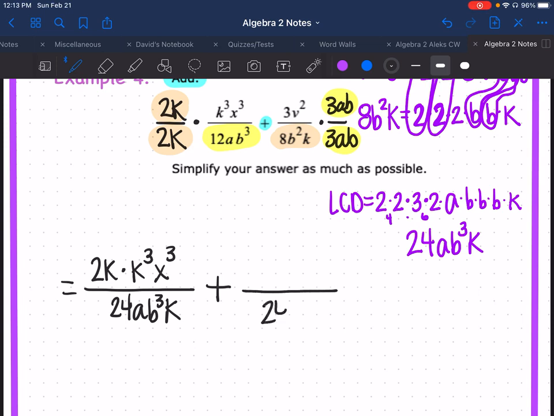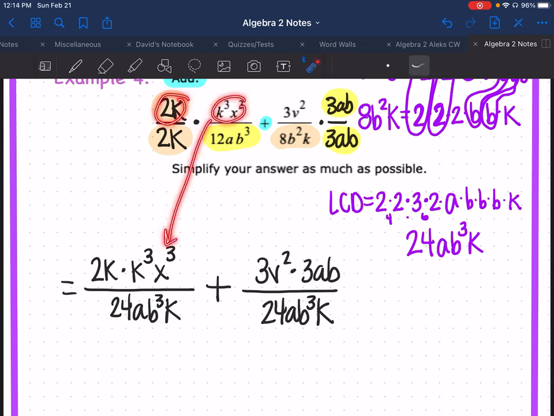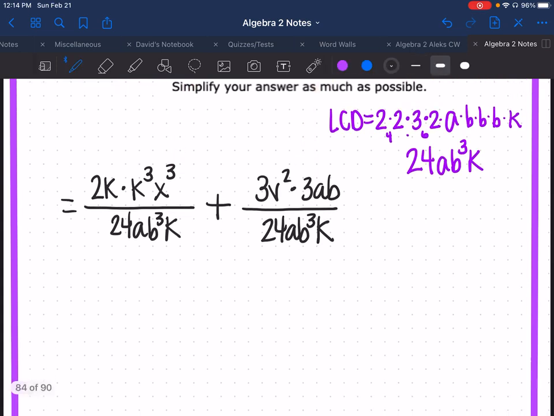I have my 24AB to the third, K on the bottom, 3V squared times 3AB. Now, there's really no reason as to which one goes first. I'm just putting it in order from left to right. So that's why I put this one times this one for this rational, and that's why I put this one times that one for this rational. There's really no rhyme or reason to it. I'm just going in order.